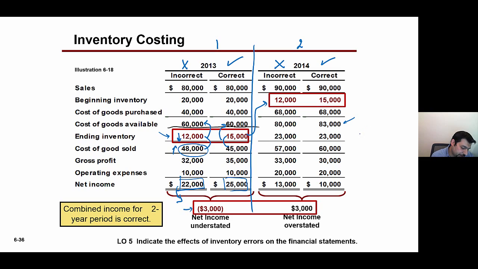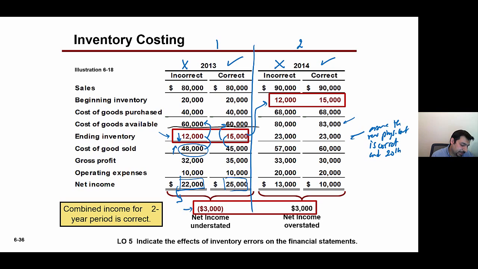The ending inventory here, we assume the new physical count is correct for 2014. At the end of 2014, we conducted a correct physical count. This is the assumption here.